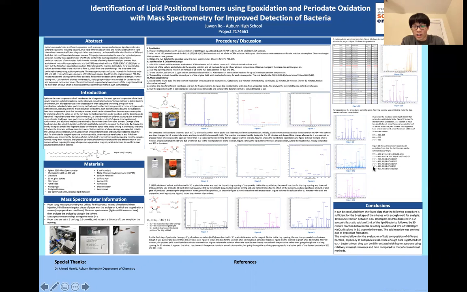So here I listed out the potential isomers that could have been these masses. And some of these data do appear in the lipid database. So it does indicate that the method does work.